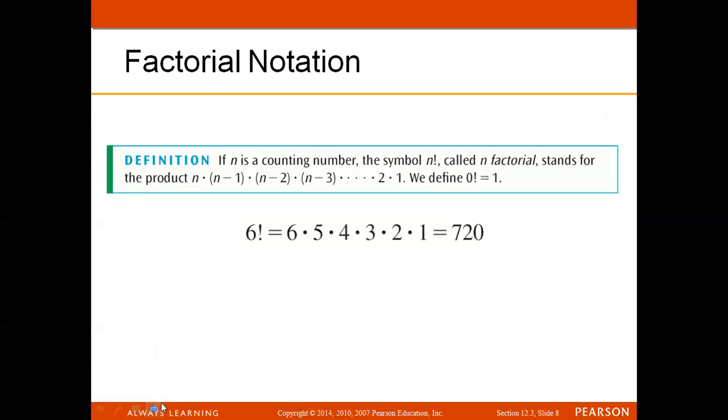Here n! is read n factorial. We define 0 factorial to be 1. 6 factorial, for example, is 6 times every whole number less than it. So 6 times 5 times 4 times 3 times 2 times 1 is 6 factorial, which equals 720.